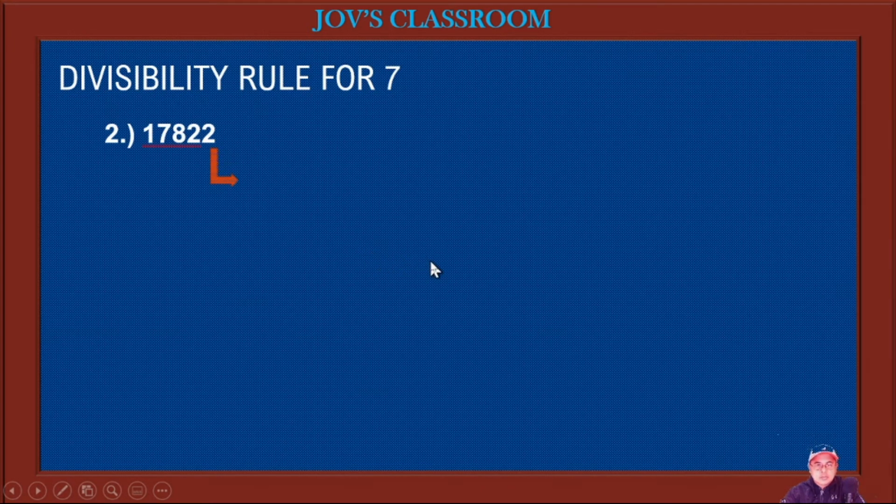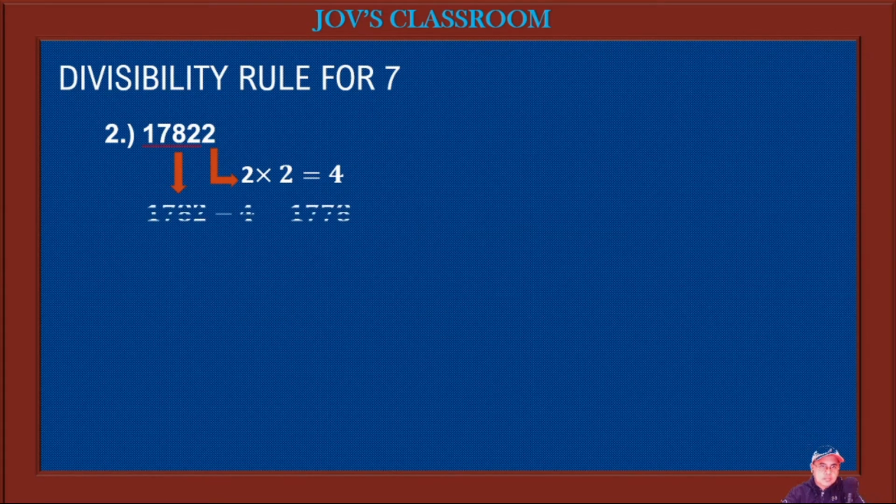Another example for number 7. The last digit multiplied by 2 is 4. And then subtract 4 from the remaining number 1,782. 1,782 minus 4 is equal to 1,778.